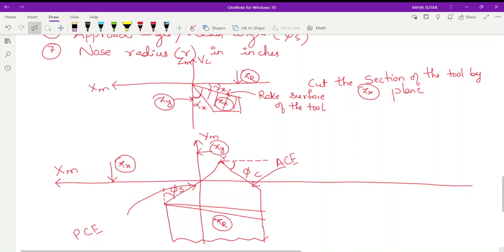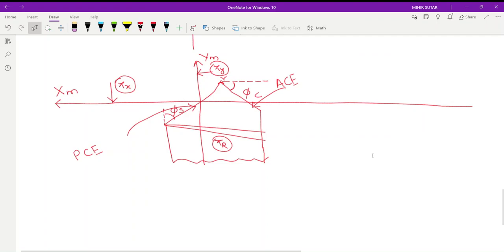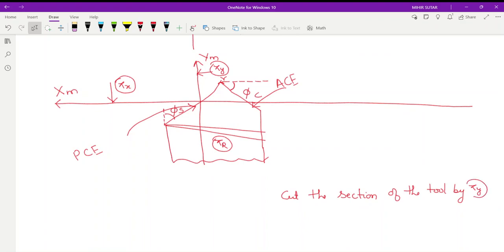Now again, we have already cut the section of the tool by the pi x plane. Now we cut the section of the tool by the pi y plane.